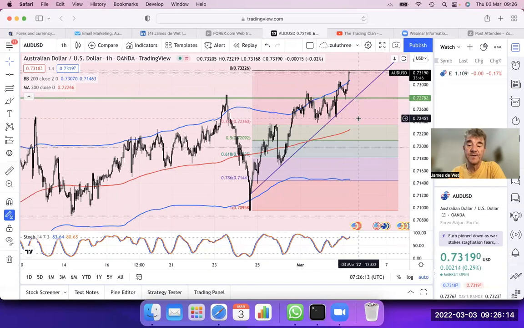We want to go a little bit further. I think this first fib here, this is the fib retracement of this move up. I think we'll probably get through this trend line if we move down.